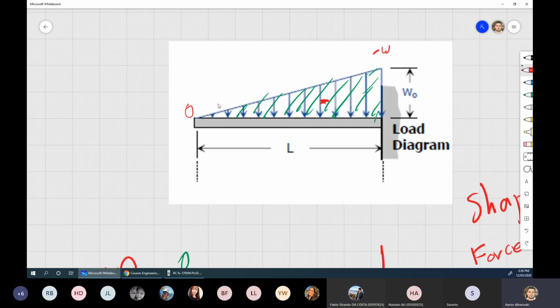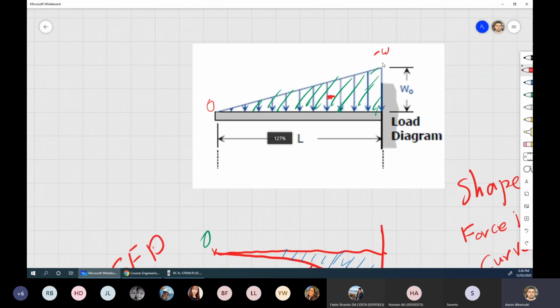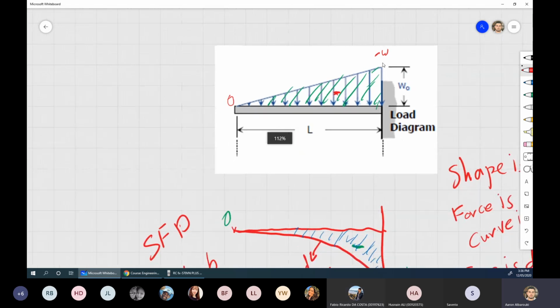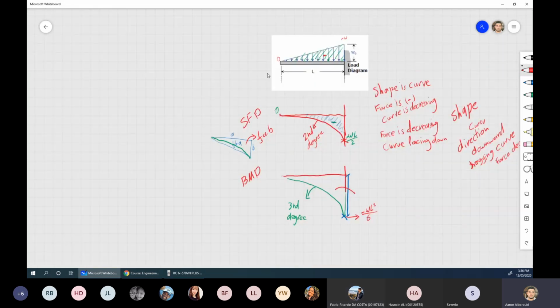So don't look at the shape of the force for increasing or decreasing. If I need to know whether it is increasing or decreasing, I look at the value at the start and the value at the end. That will tell me if it is decreasing or increasing. All good? With some practice, guys, after maybe 10, 15 mistakes, you should be fine. You should be all right.